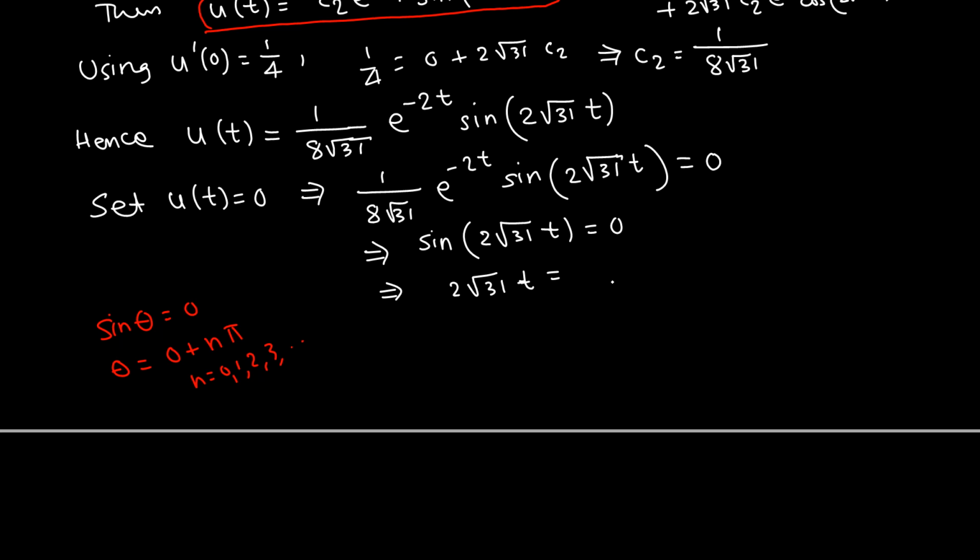So next is pi. 0, pi, 2 pi, 3 pi, etc. When we take 0, that means t is 0. That's the initial case, and that's true, but we want to find when it comes back to the equilibrium first. That's pi. From this, t equals pi over 2 root 31 seconds. Answer.